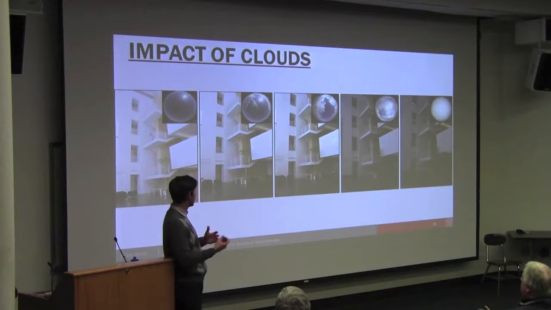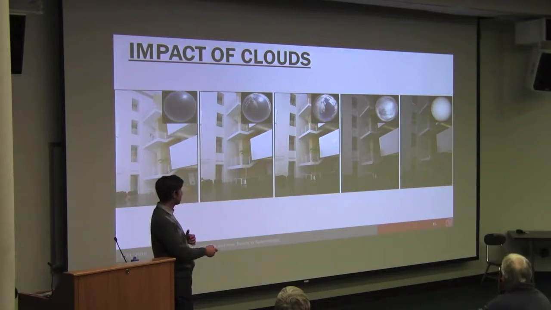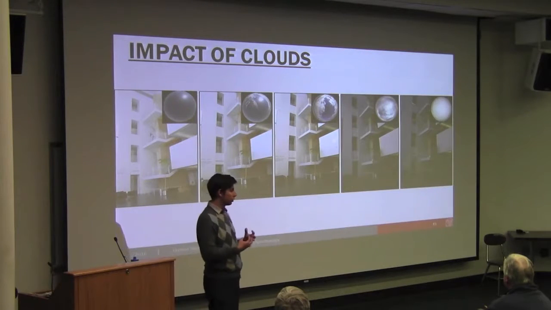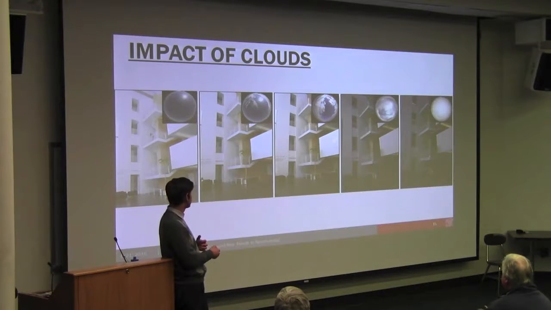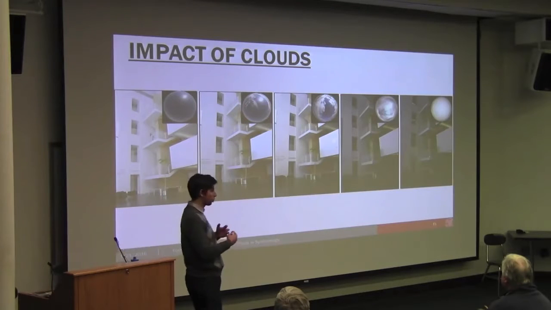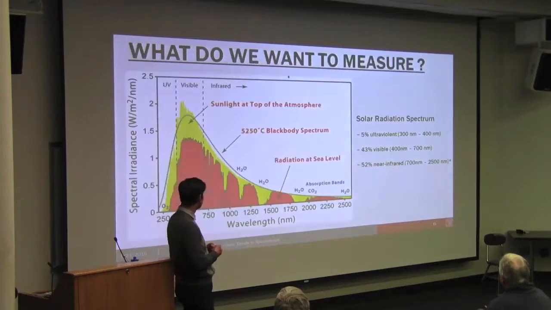Adding clouds into the equation, you see it sort of goes from being really light from a clear sky to being really dark for an overhead sky. So clouds play a significant role in this illumination, but they also have this directional component associated with them where it's not just uniformly dark across the whole sky. And I can't just blur light 20% or 10% and hope to get the right answer in the end.